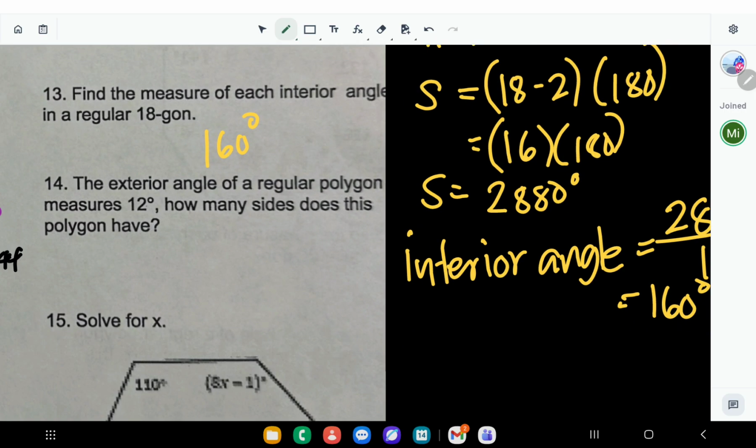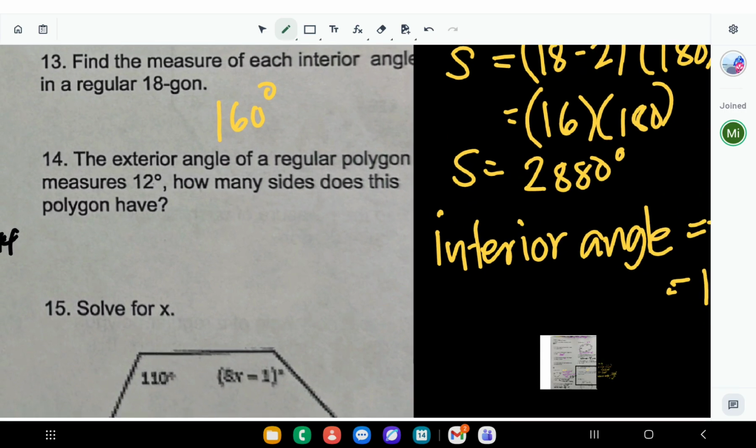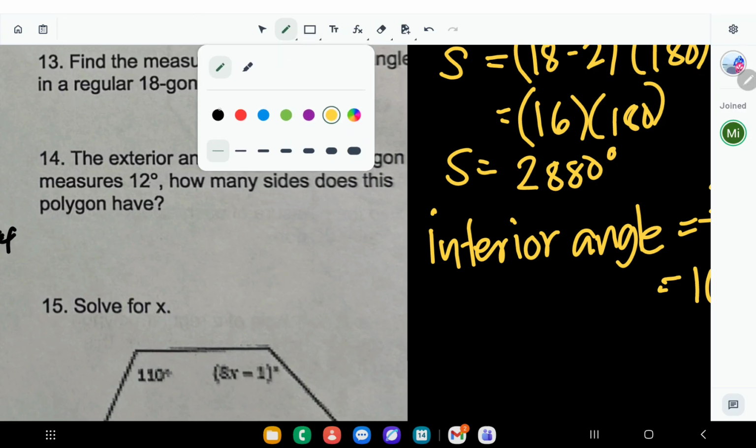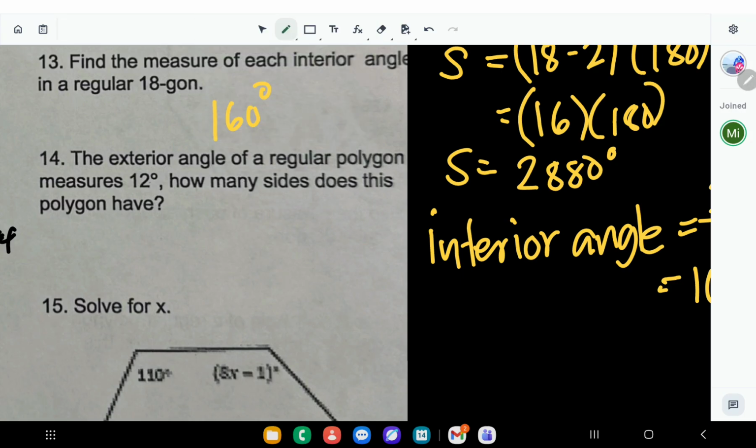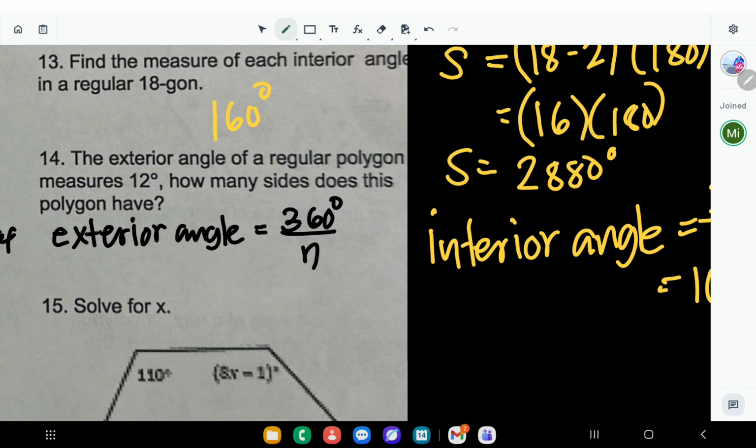All right, for number 14. Okay, exterior angle. Exterior angle, that is 360, right? The sum. So 360 degrees divided by the number of sides.